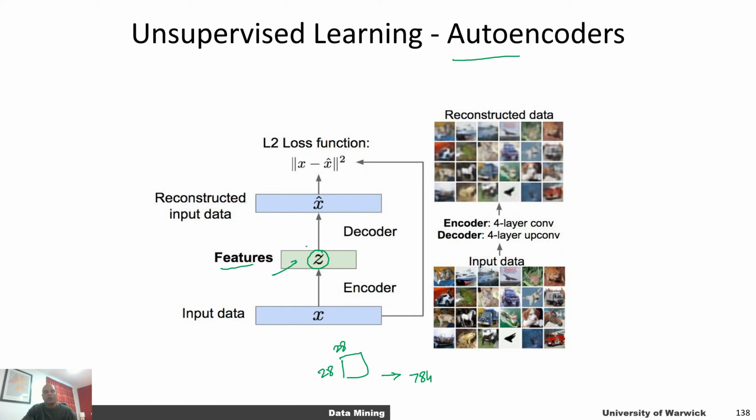So the loss function for this particular case is the reconstruction loss, much like what we talked about in principal component analysis. You have your X, which is your input for a given example, and you have a reconstructed input from X.